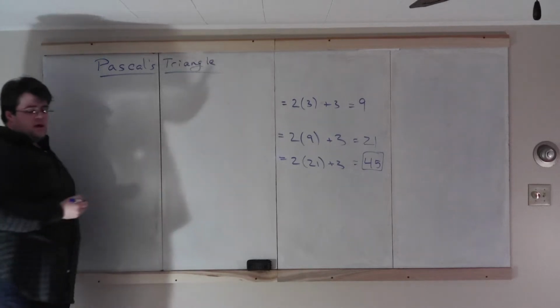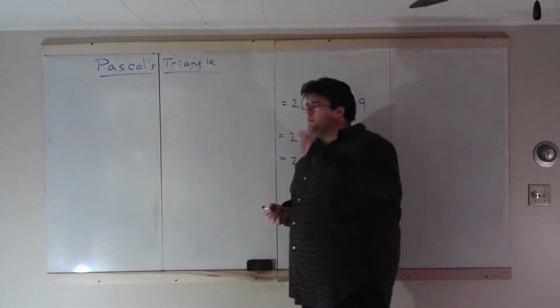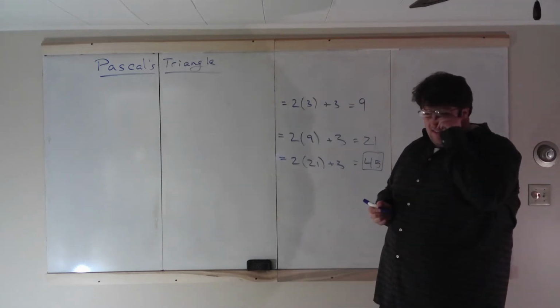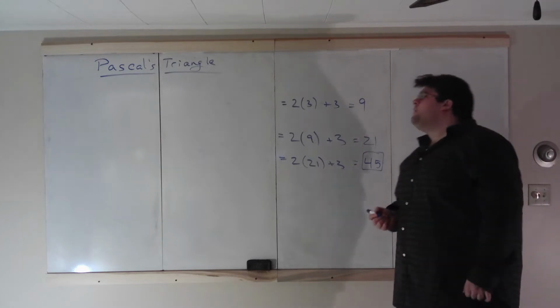And we're going to call it Pascal's triangle. Pascal was a mathematician. He also did physics. I think he also did philosophy back in like the 1600s, 1700s maybe.